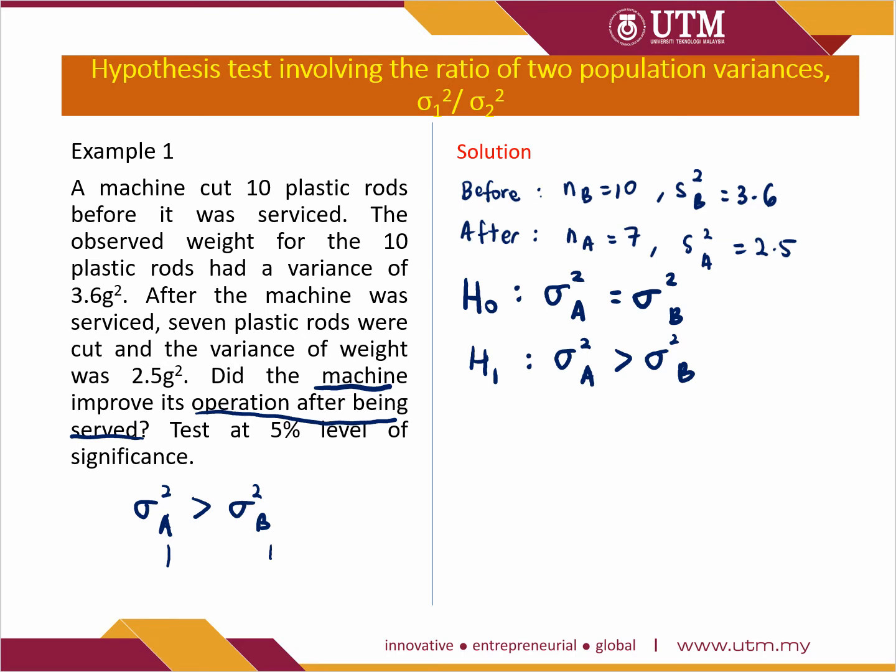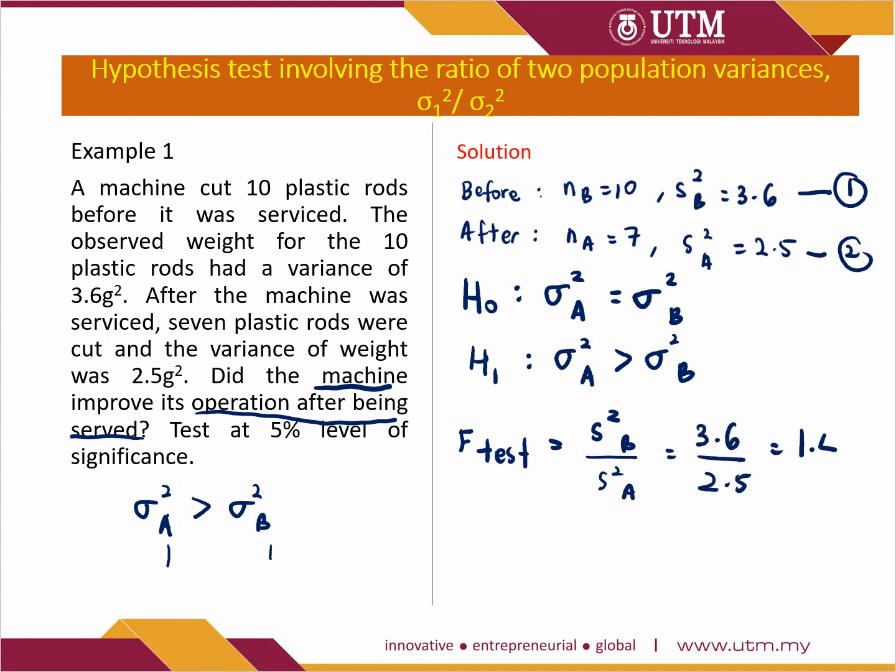The next step is to identify the test. It is the F test, since it is two population variances: s squared 1, where 1 refers to before and 2 refers to after, so 3.6 over 2.5, which equals 1.44.